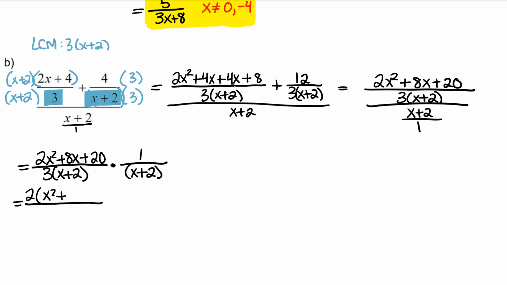I simply took a 2 out of the numerator so I could see if I can factor x squared plus 4x plus 10, but none of the factors of 10 add up to be 4, so we cannot reduce any further.